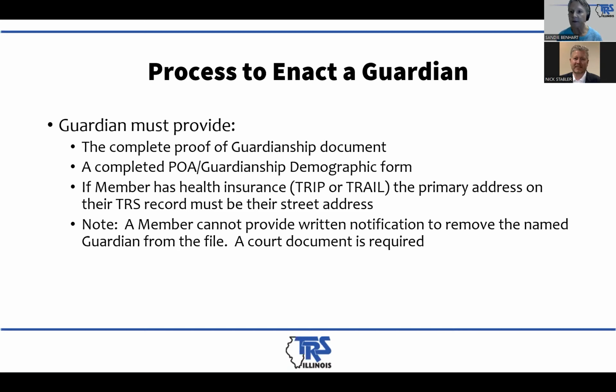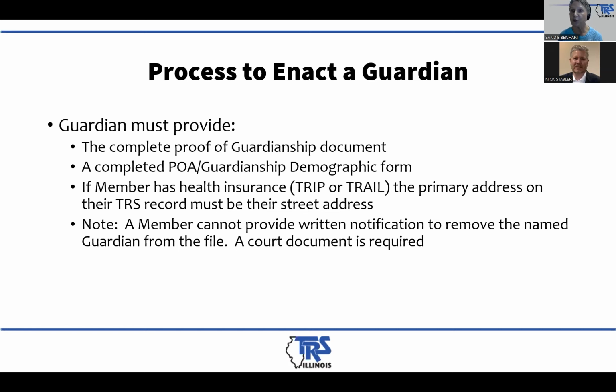It is still going to be the case that if TRIP or TRAIL, so if you have health insurance, we do still need your primary address on the TRS record as the street address. That's how the insurance works. And then a note here, this is a difference between a POA and a guardian, that the TRS member cannot provide written notification to remove the guardian. We would need a new court document saying that is no longer required.